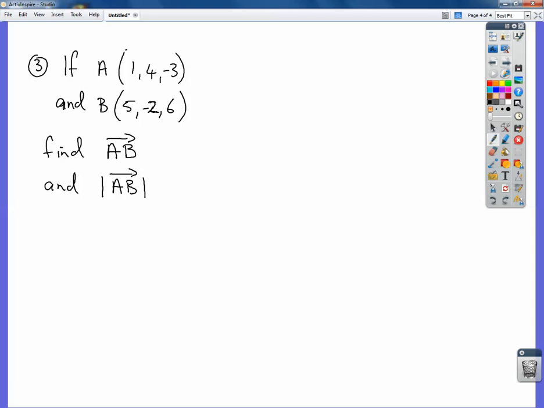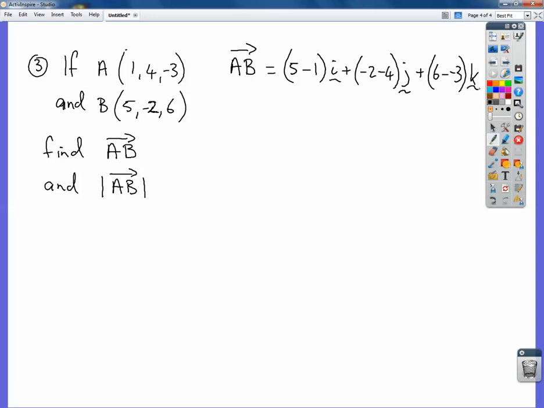So AB is going to be 5 minus 1 times i plus minus 2 minus 4 times j plus 6 minus minus 3 times k. What does that give me? 4i minus 6j, and minus and minus becomes a plus, 9k.